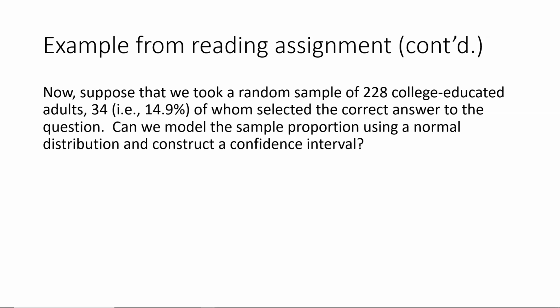We need to check whether those values are both greater than or equal to 10, and we easily see that they are. Therefore, the success-failure condition is also met, and we can affirmatively answer this question about modeling the sample proportion using a normal distribution, and therefore we can proceed to constructing our confidence interval.